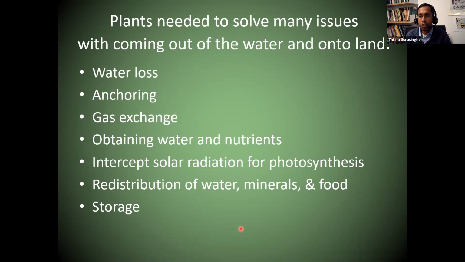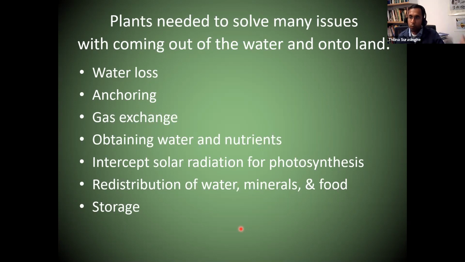Well, they should have a mechanism to root themselves somewhere, right? If they're on the land, they cannot free float. If you're in water, yes, some aquatic plants can actually afford to be unanchored and free floating. Most algae are free floating, right? They are not anchored. But now, as a land plant, you should have a mechanism to root yourself, anchor yourself.